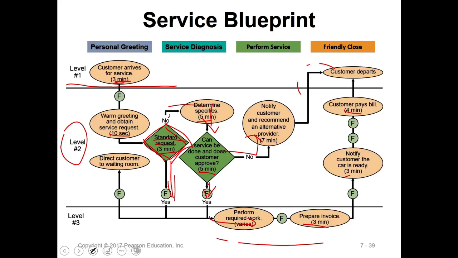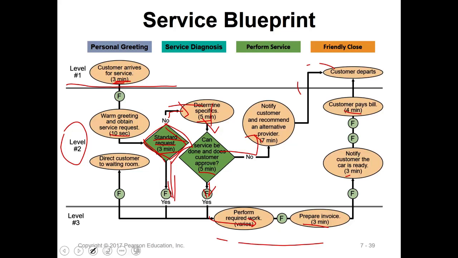If it's a no, you have to ask other questions. This decision-making point is very critical, and will help you to diagnose and find out what the customer's real need and real want is, okay?